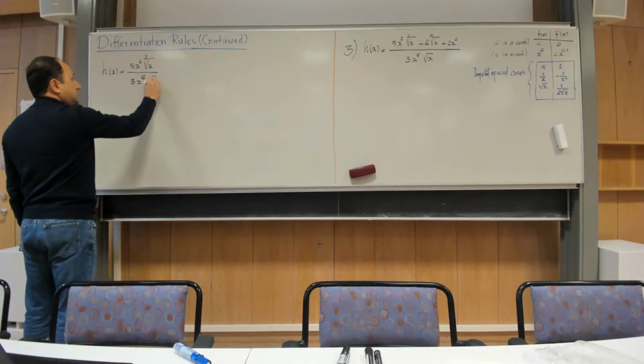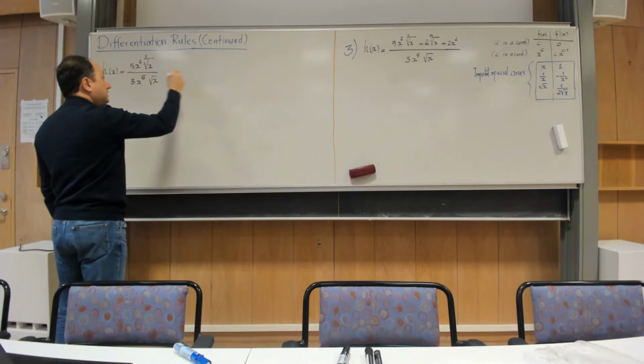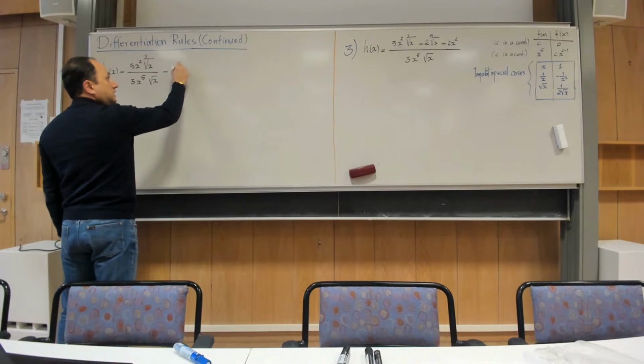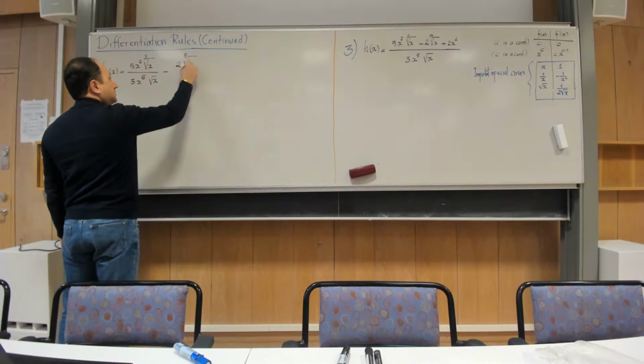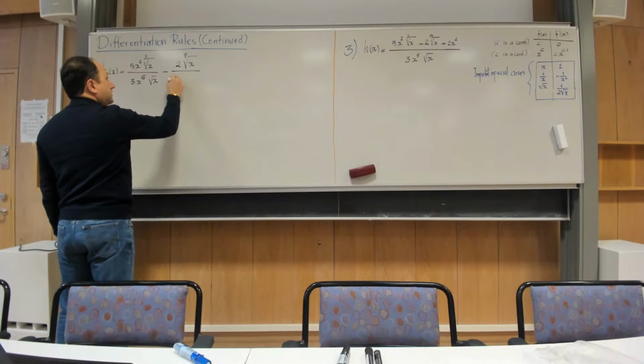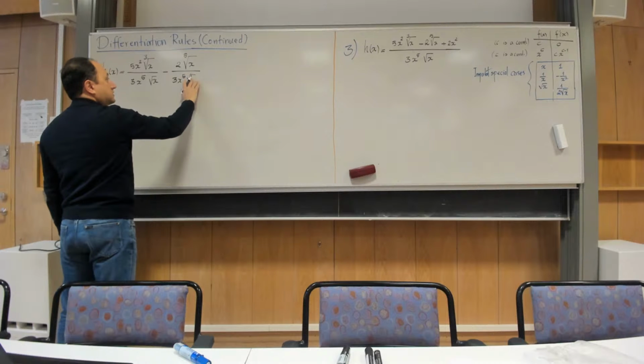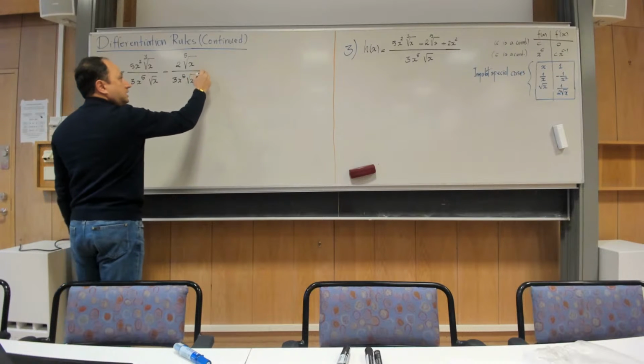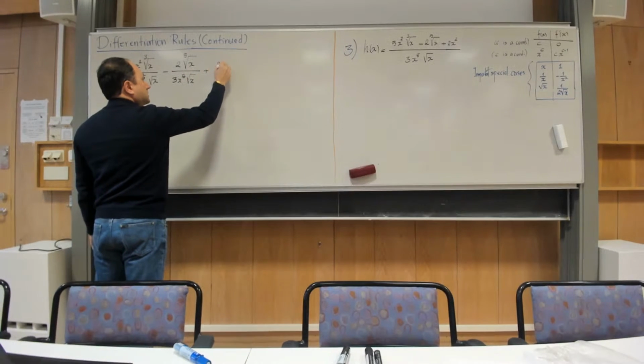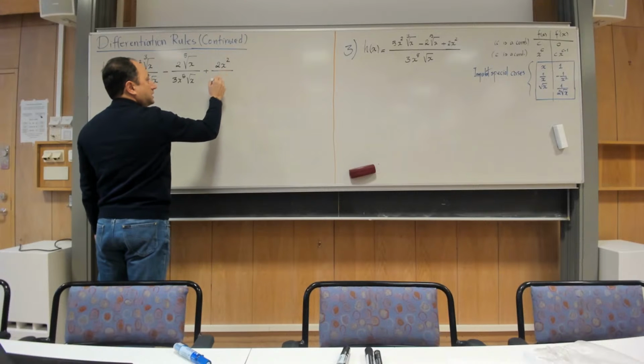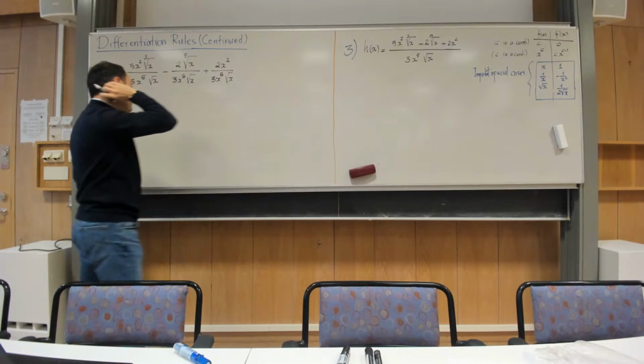So this is the first term, and then I have a negative sign. So the next one is the fifth root of x over 3x to the 5 square root of x. And finally, the last one is 2x squared divided by 3x to the 5 square root of x.